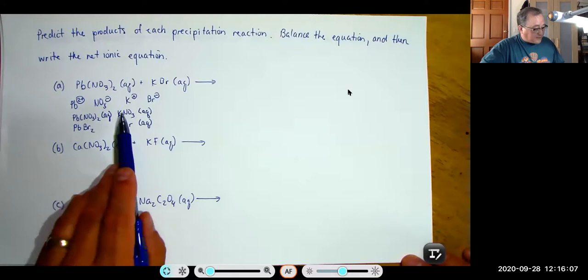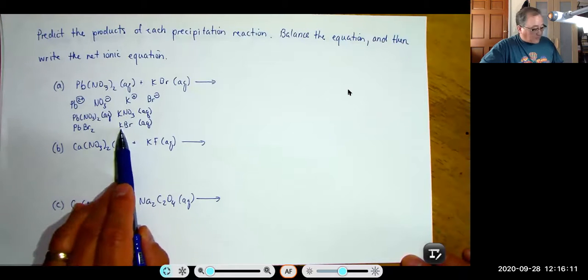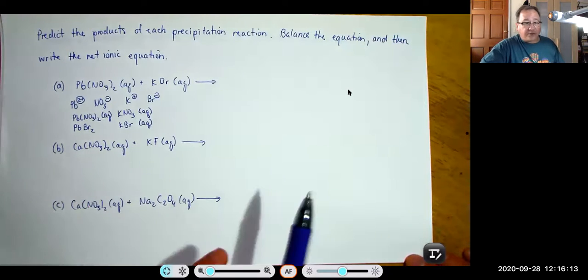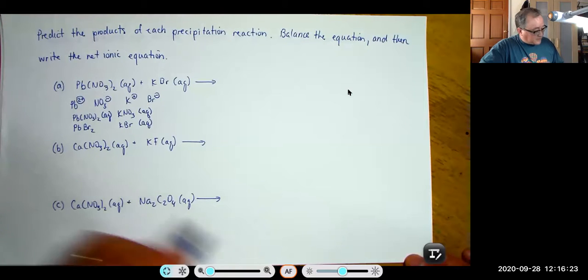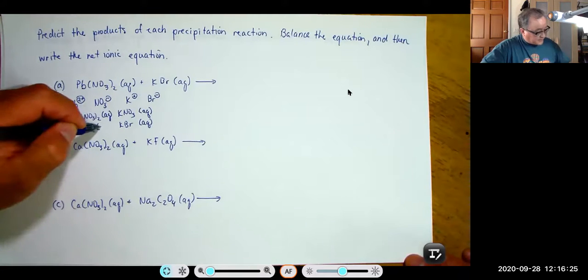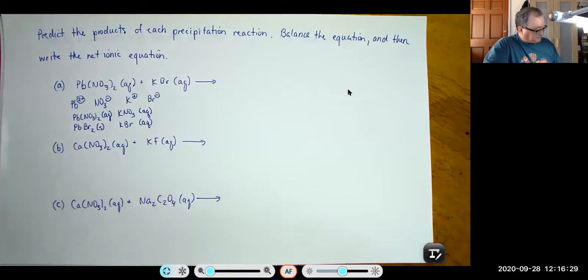This one, because it has the potassium and the nitrate. This one, because it has potassium and the bromide. Most bromides are soluble, but there are some exceptions. One of those is if it's combined with lead. So here it's being combined with lead, so this would be the solid. That's one way to figure out what the solid would be.